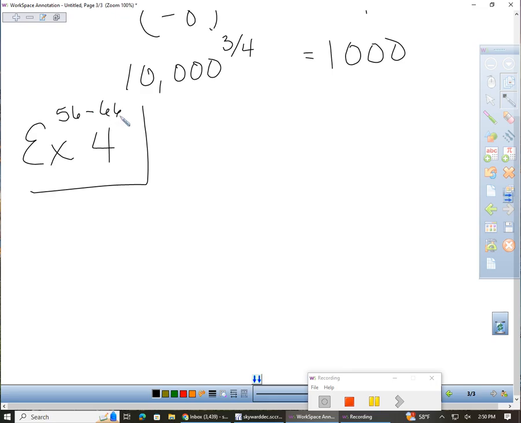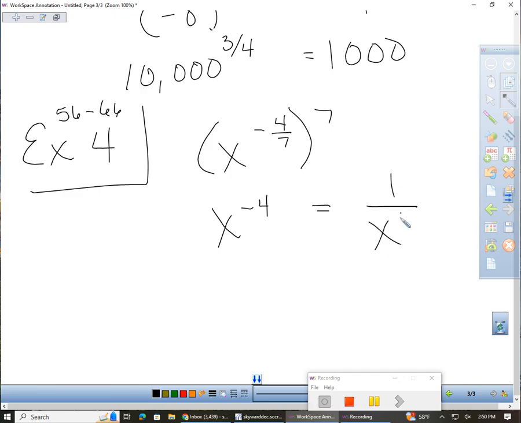So let's say I have x to the negative 4/7 raised to the 7th power. An exponent raised to an exponent, we multiply our exponents. So I get x to the negative 4. Well, if I have a negative exponent, where does that go? On the bottom. So this is 1 over x to the 4th.